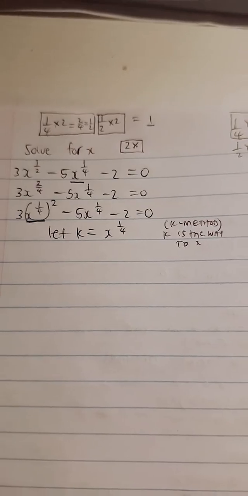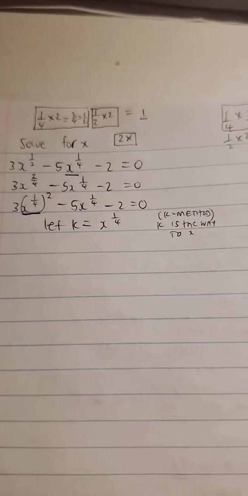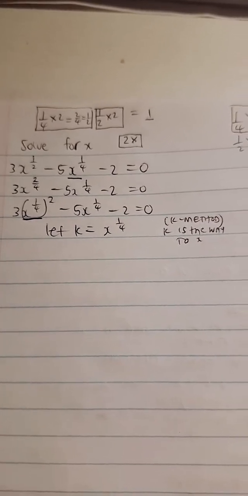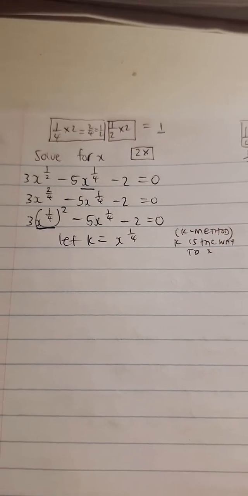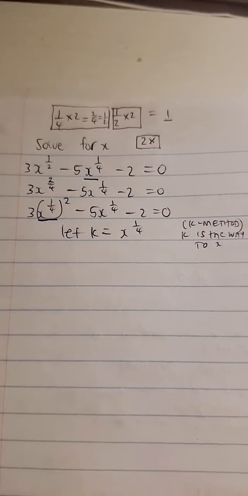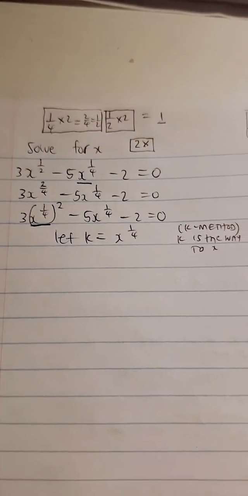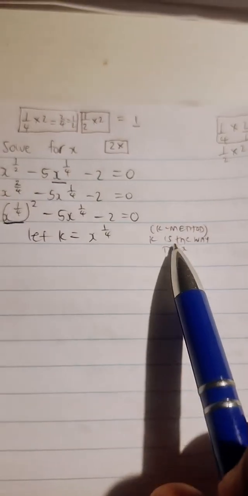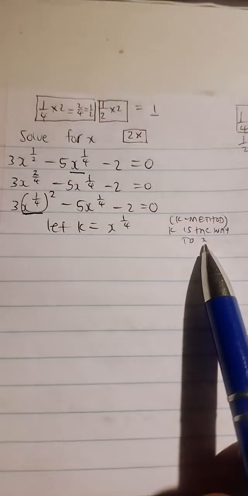Because solving an equation with x to the power 4 is something I don't know what to do with, we use the K method because there were 2 terms that had repeated expressions. We substituted k, which allows us to solve for k first, then substitute back what we let k be, and then solve for x. So K method simply means k is the way to finding x.